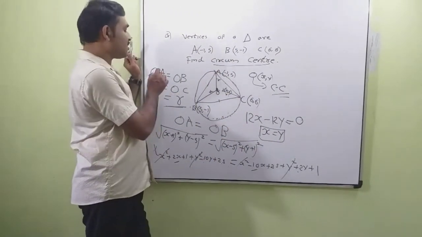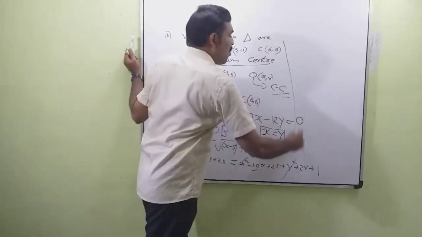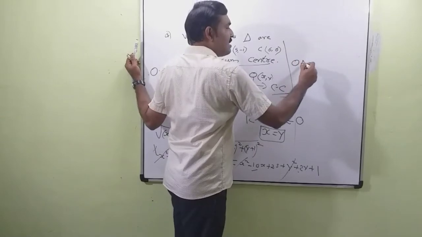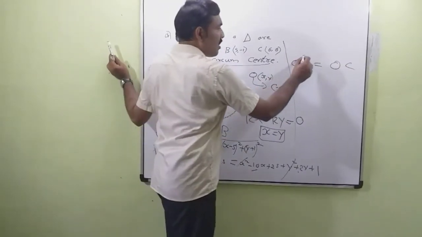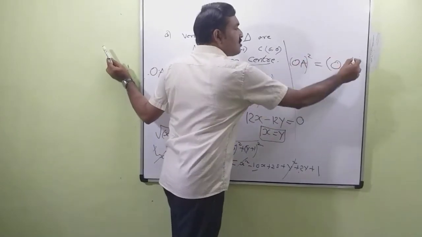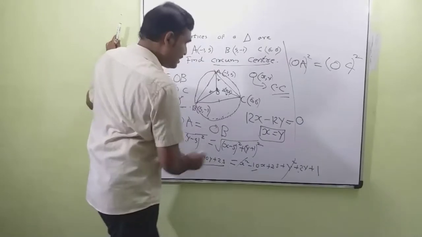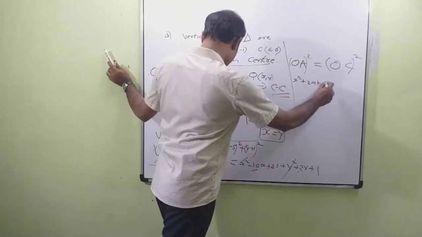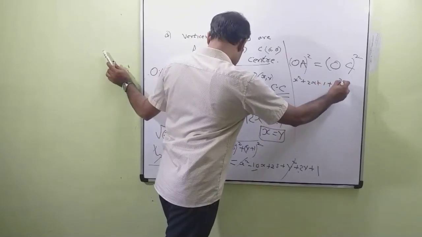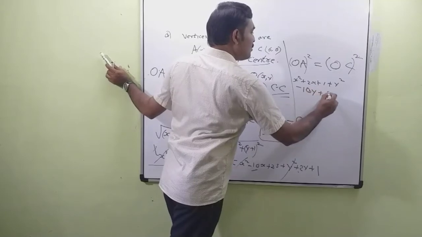Now we can equate OA equal to OC. So OA square is equal to OC square. OA square is this term: x square plus 2x plus 1 plus y square minus 10y plus 25.